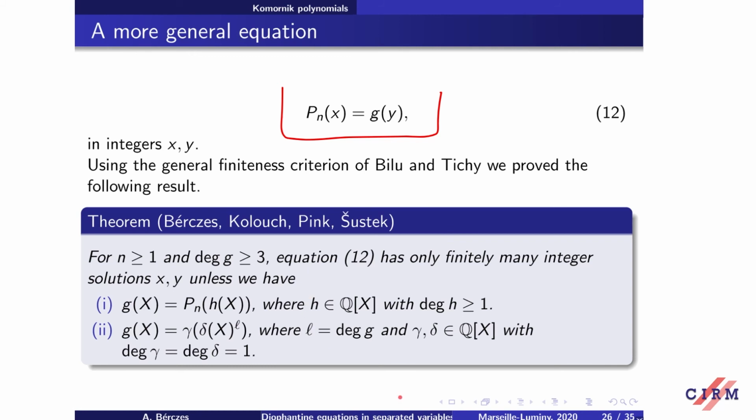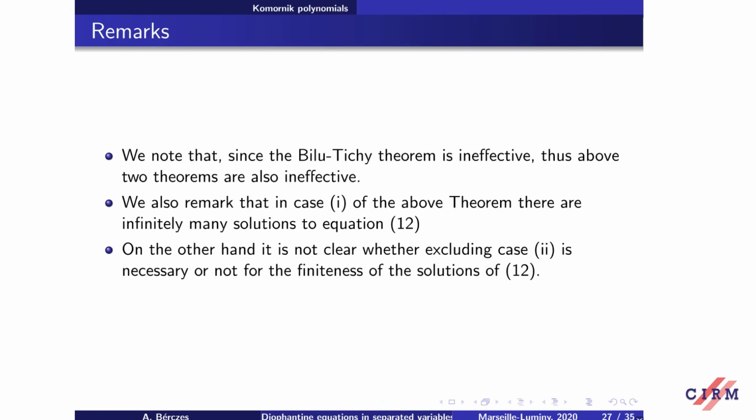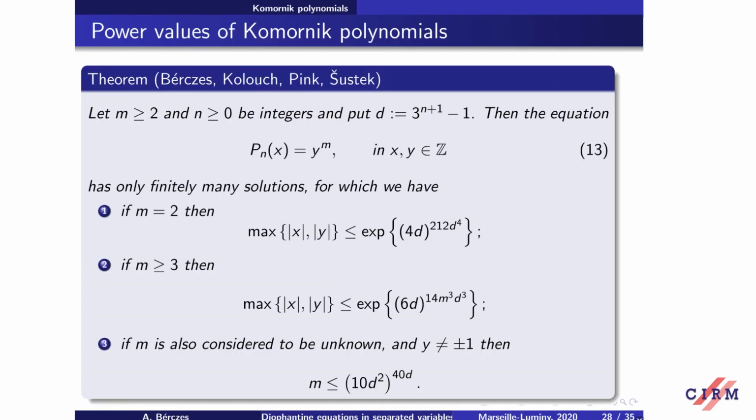However, I have to mention that the first exception is necessary. For the second exception, we couldn't prove that in this case there are infinitely many solutions, so it probably may be excluded, but we were just unable to prove that. Well, that was what was written here, and of course, since we use Bérczes theorem, the result is ineffective.